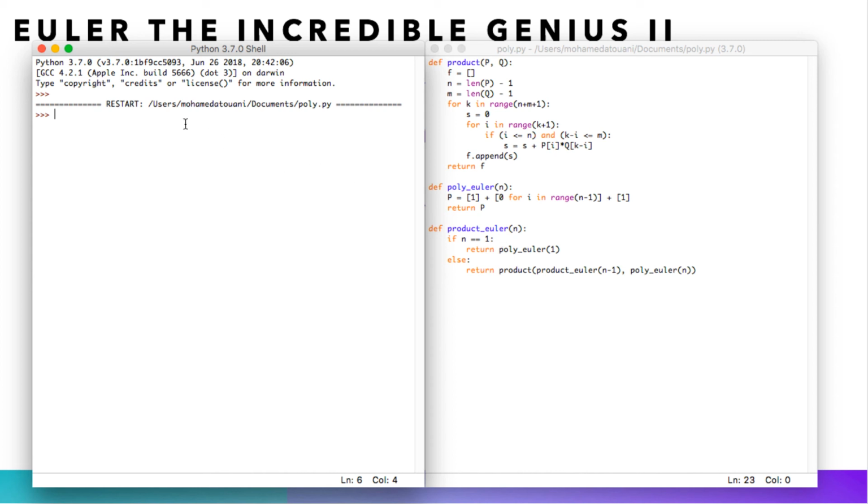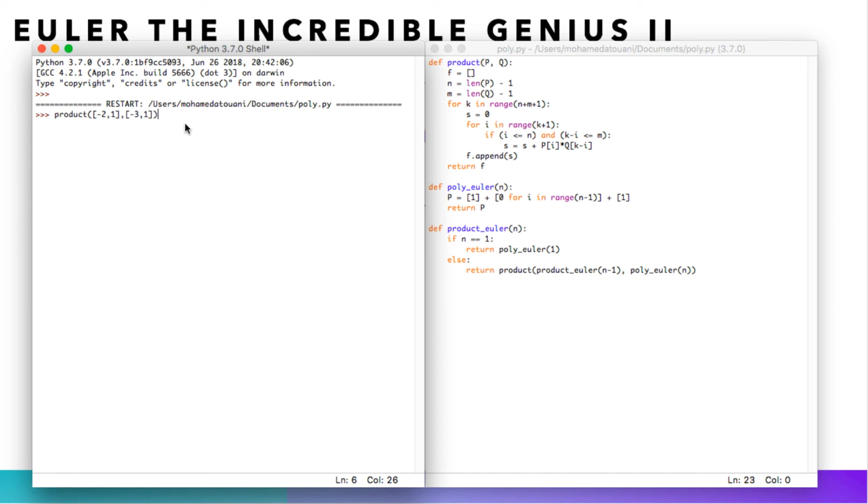Let us now see on the shell how things work out. First, I would like to check my function product with two polynomials. For instance, x minus 2 times x minus 3. So I tell it product of two lists, of course, because a polynomial is a list. The first list contains minus 2 for the constant, and because it is x minus 2, the coefficient in front of x is 1. So the first polynomial is minus 2, 1. The second polynomial is x minus 3, which means minus 3, 1 here.